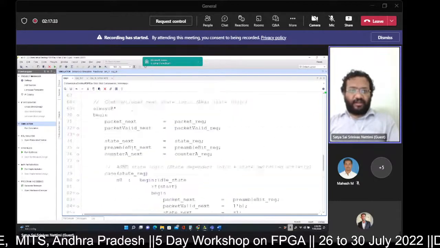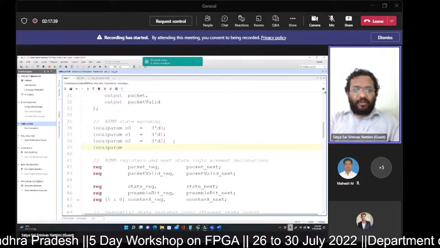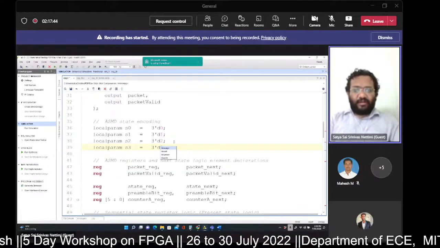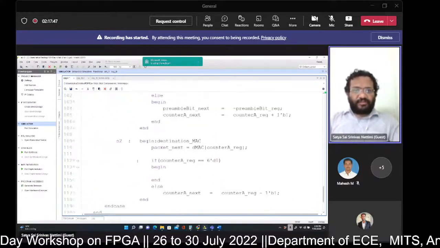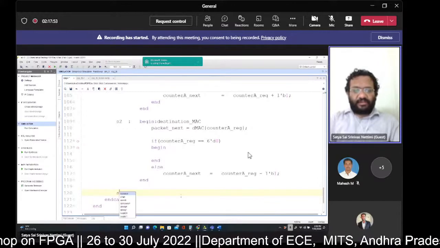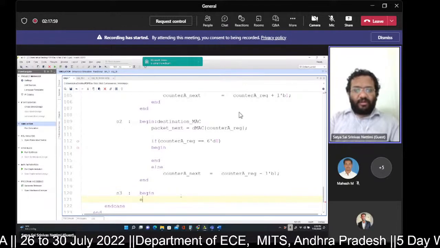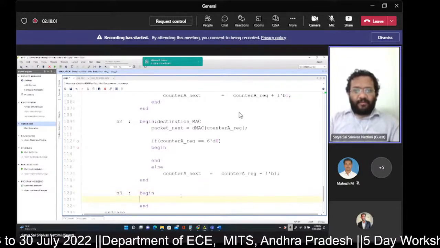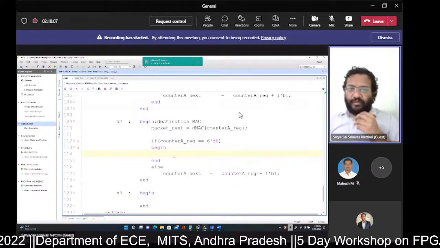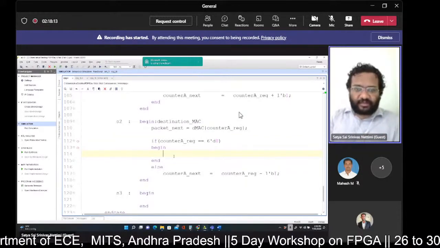Here we have not declared any next state. So for example, what we can do is, if the counter reaches 0, it has to jump to the S3 state.